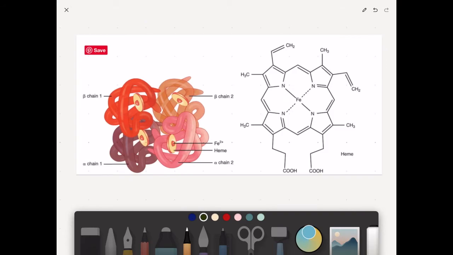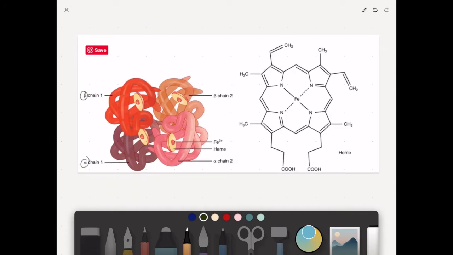Now, I mentioned a moment ago the different types of chains, and depending on the types of chains, oxygen can have a higher or lower affinity for the hemoglobin molecule. And about 95 or more percent of hemoglobin found in adults is composed of 2 alpha plus 2 beta, like is shown here.